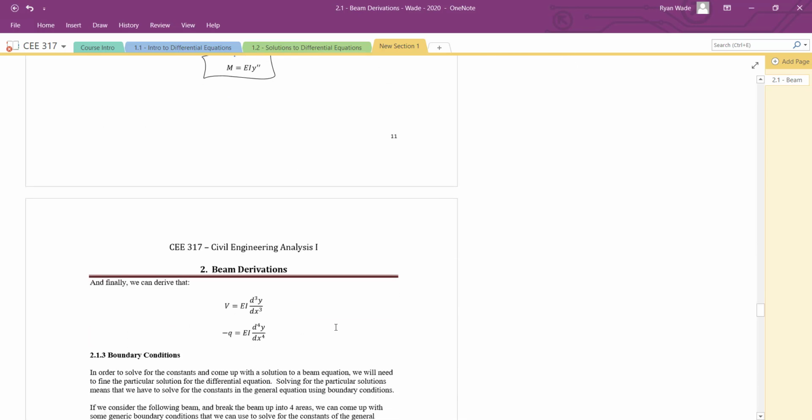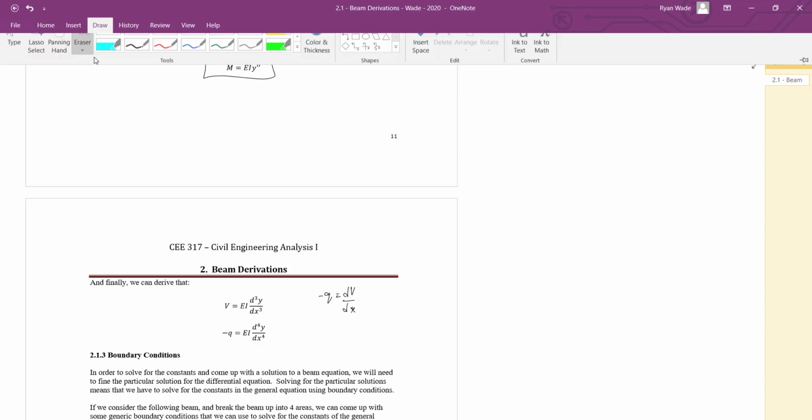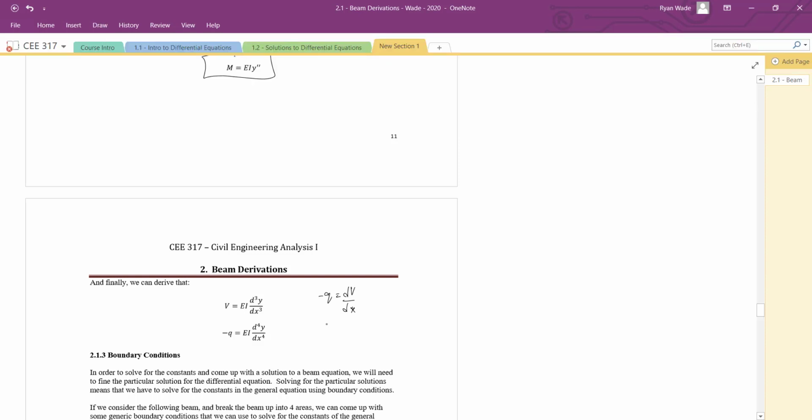Then, because we showed right at the beginning that negative q was equal to dv by dx, and that m was equal to dv by dx, or dm, sorry, I did that backwards. And we showed that v was equal to dm by dx.